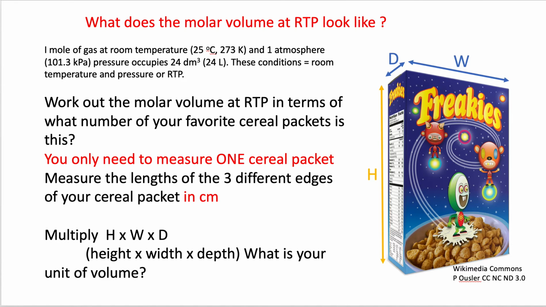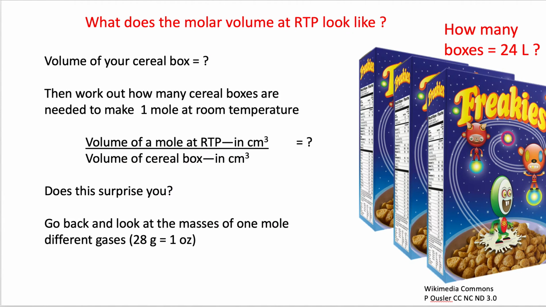And you're going to multiply the height by the depth, by the width, and you'll get the volume of 1 pack of cereal. But unless it's huge, it's going to be less than 24,000 centimetre cubed.